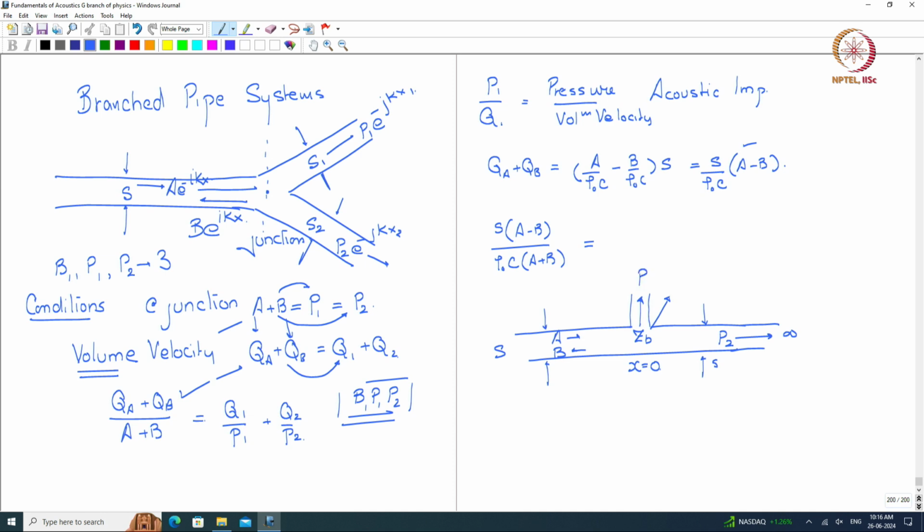This is like the P1 branch. Acoustic impedance here is ZB. So, this is the left side over here. The right side I will write it in terms of acoustic impedance of the branch, which is 1 over ZB, and that of this is the same, which is S by rho 0 C.